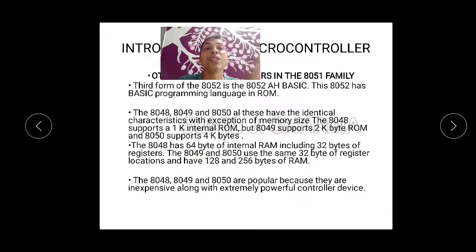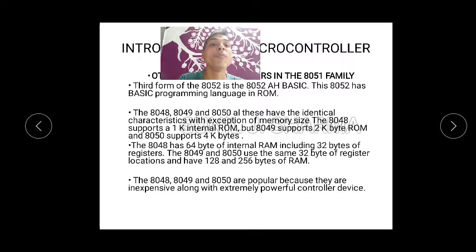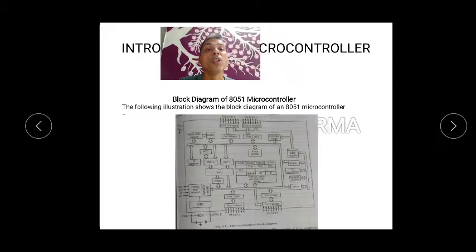So these were all the members of the 8051 microcontroller family. Sometimes they ask you for comparisons or to write a short note about 8048, 49, 50, such microcontrollers.